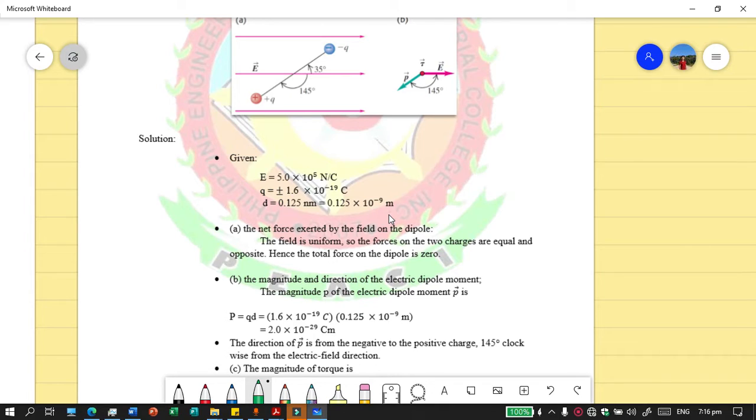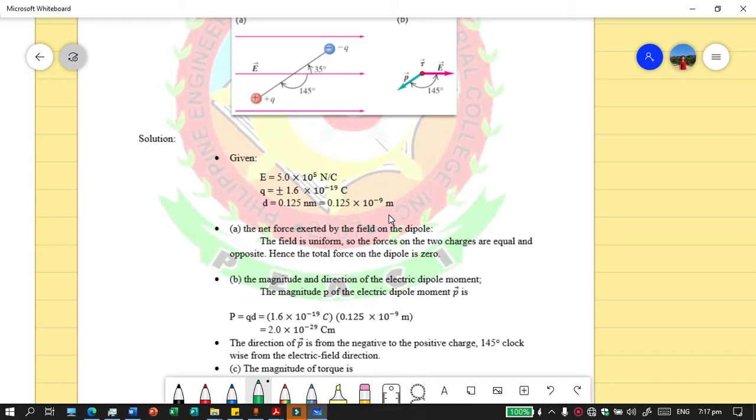Now for letter B, the magnitude and direction of the electric dipole moment. The electric dipole moment is the vector P. We have to look for the magnitude first because it is easier. The dipole moment is equal to charge times displacement. So we simply multiplied the charge and the displacement that we have.